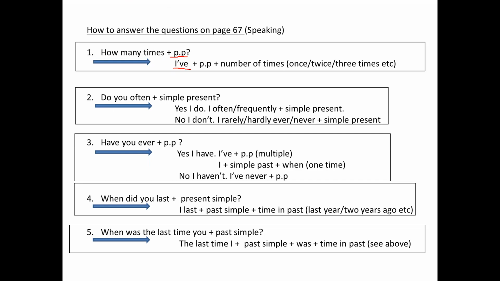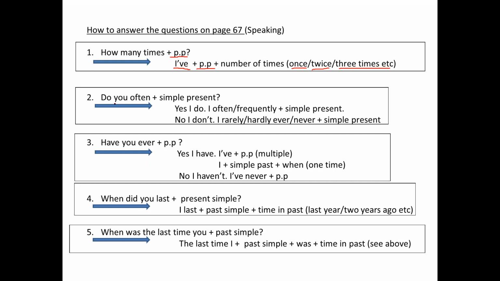Answer: I've been sick once this year. I've been sick twice this year. I've been sick 3 times this year. So that's present perfect plus number.